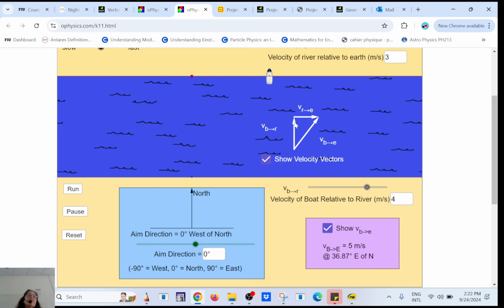This is the velocity of the boat relative to the river. This is the river relative to the ground, and that will be the velocity of the boat relative to the ground. Does it make sense? So this is called adding vectors.